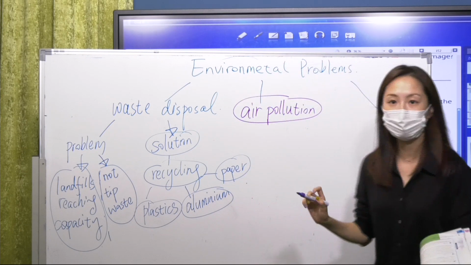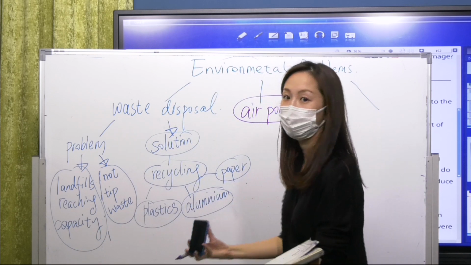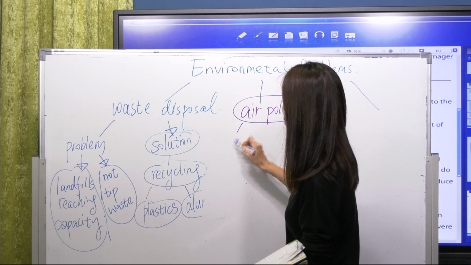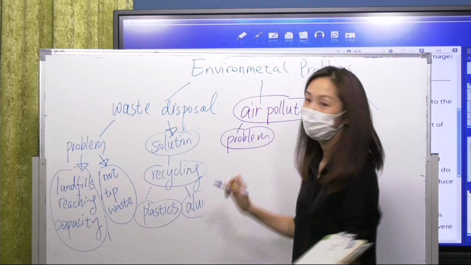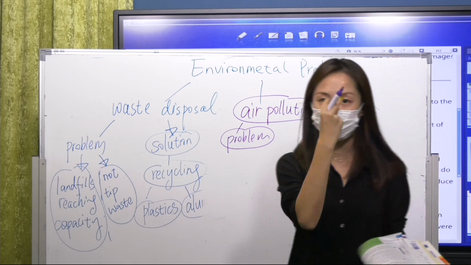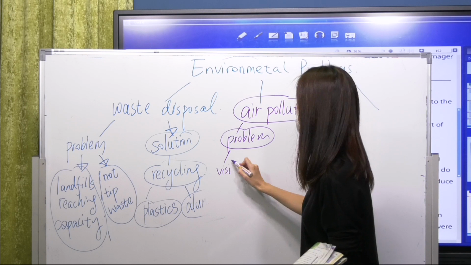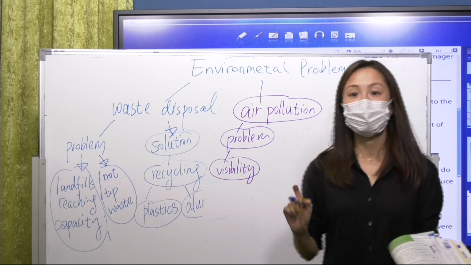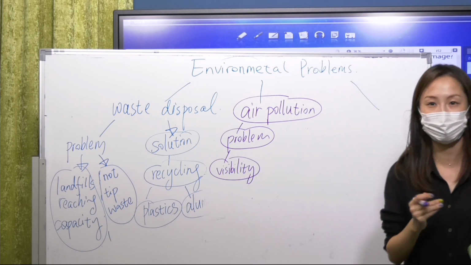So again, let's talk about the problem and also the solution together, okay? So what is the problem of air pollution? As I mentioned before, firstly, it's about our visibility. If the air pollution is too serious, you cannot see clearly, right?